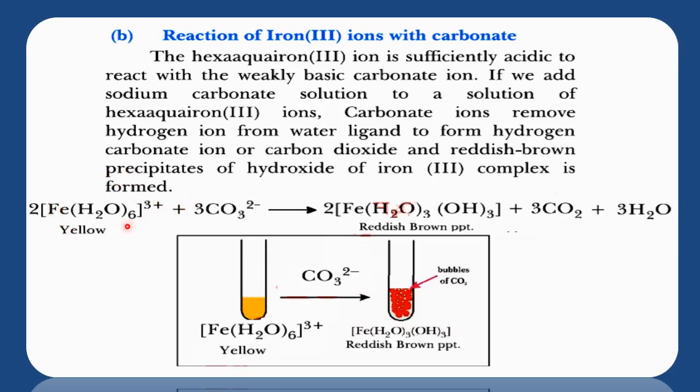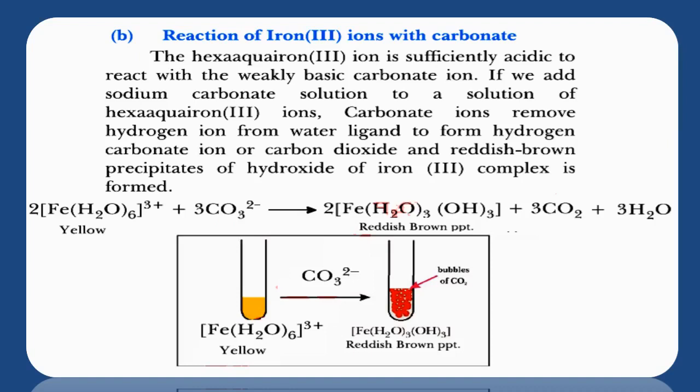Now students, this is the yellow colored hexa aqua iron 3 ions. This is the solution of it. When we add sodium carbonate solution, the carbonate ions act as a weak base.